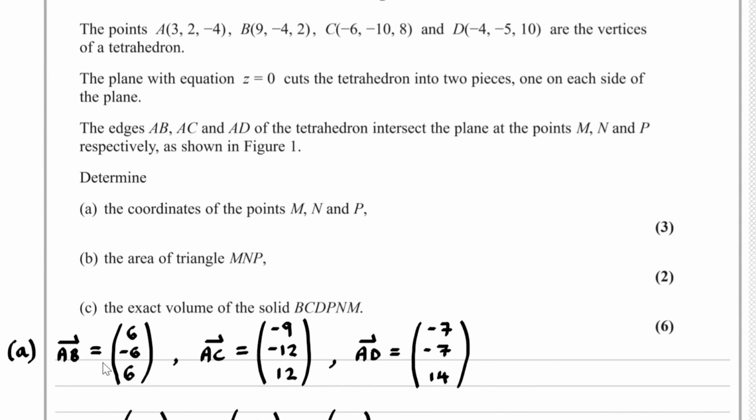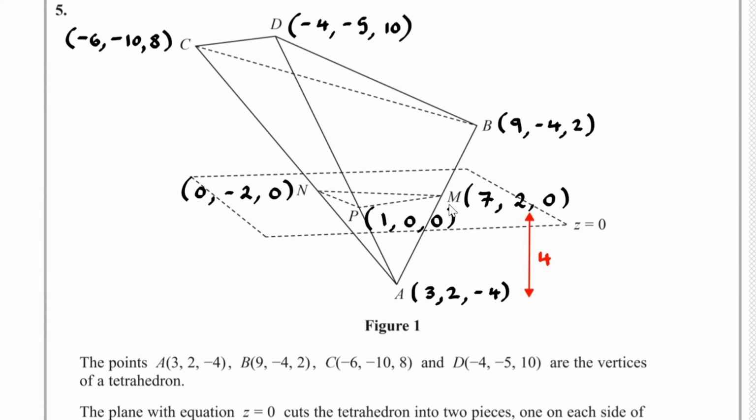For part B of the question, we have to find the area of the triangle MNP. Now, if I was to find out the area of this triangle, what I need is the vector MP and the vector MN. Finding the cross product of those and then the magnitude and then multiplying that by a half will find for us the area of that particular triangle.